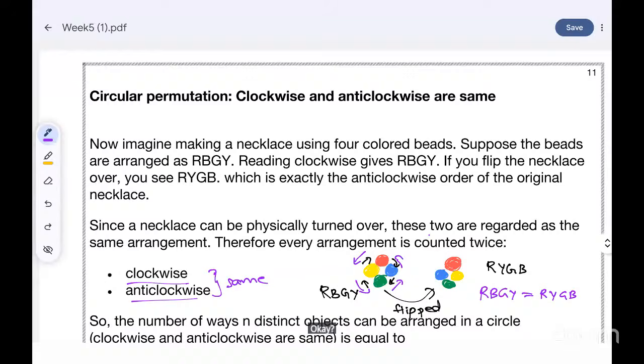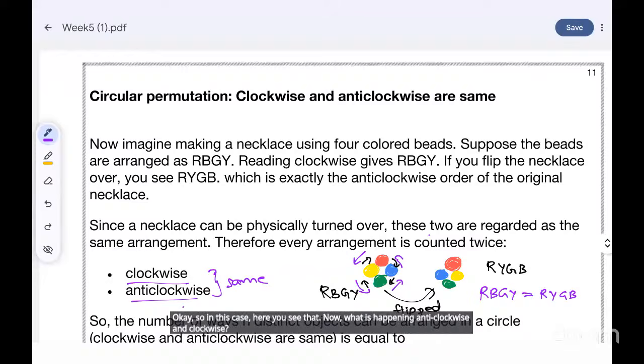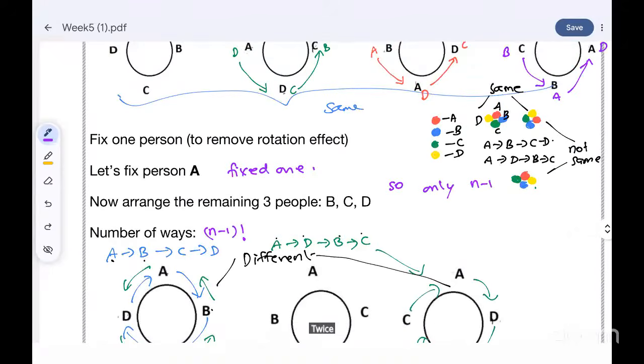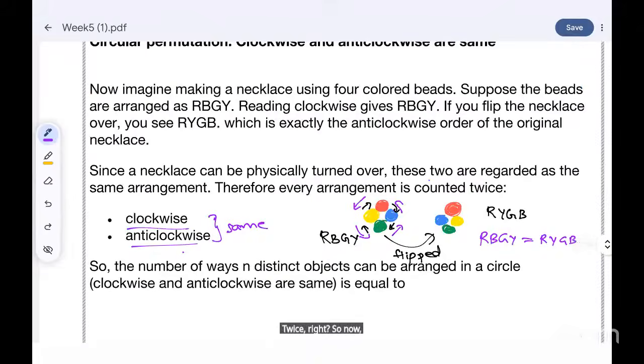So in this case, anti-clockwise and clockwise are now same. It means earlier we have counted them twice, right? So to remove this counting happening twice, what do we have to do? Divide by 2.